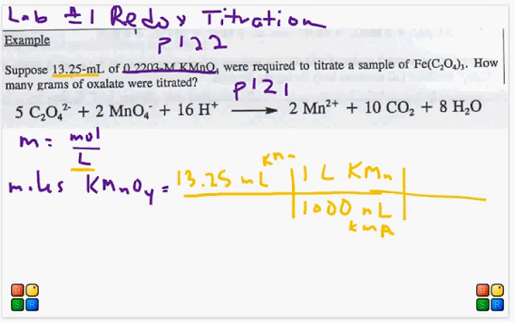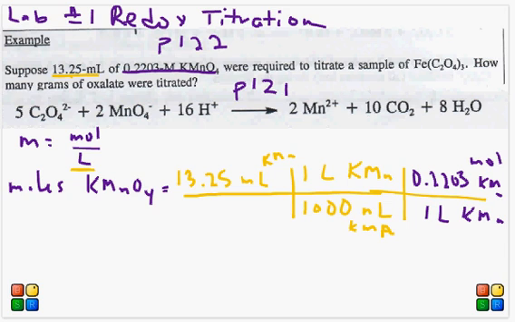Then you multiply by the molarity, 0.2203 molarity, which is 0.2203 moles of KMnO4 to 1 liter of that solution.